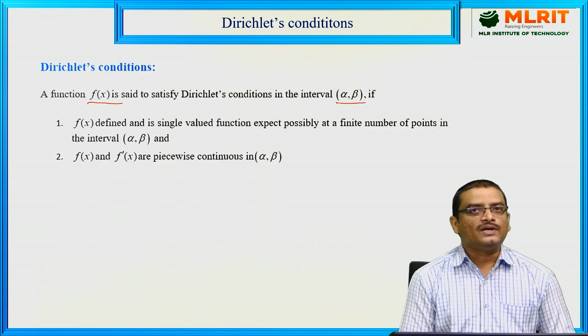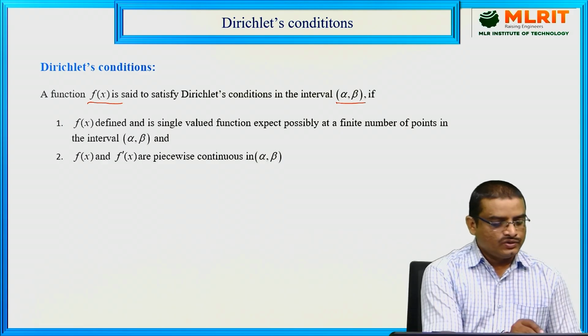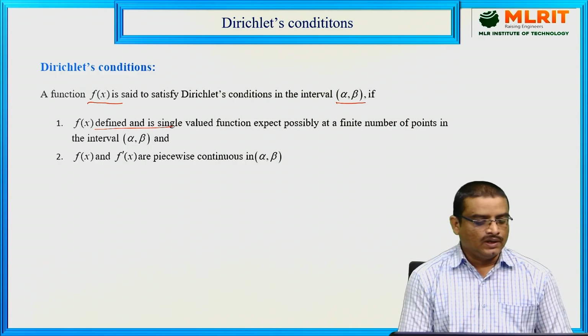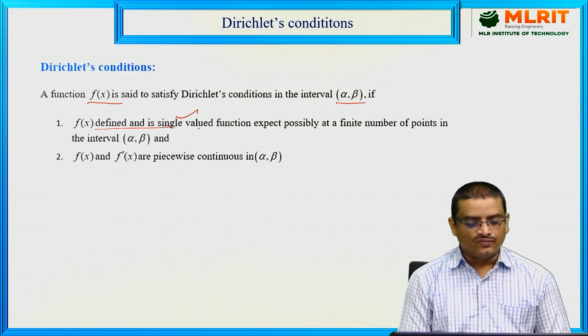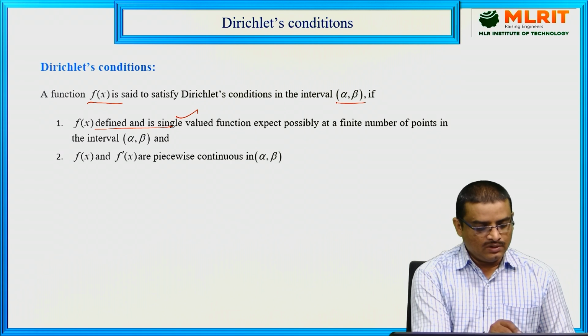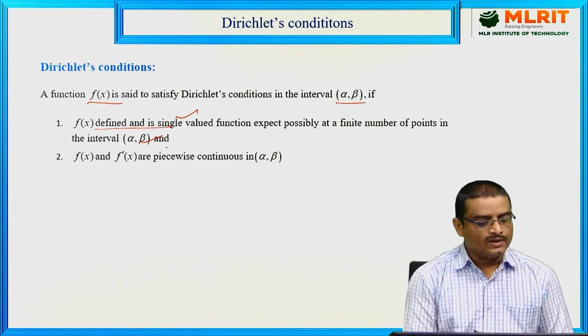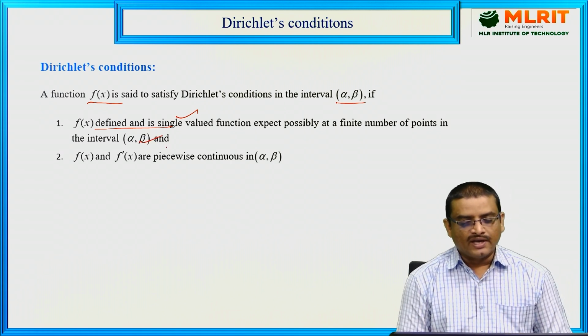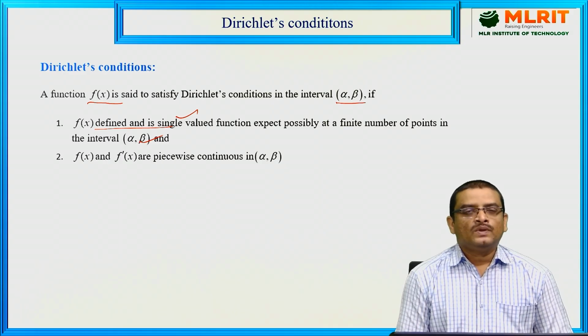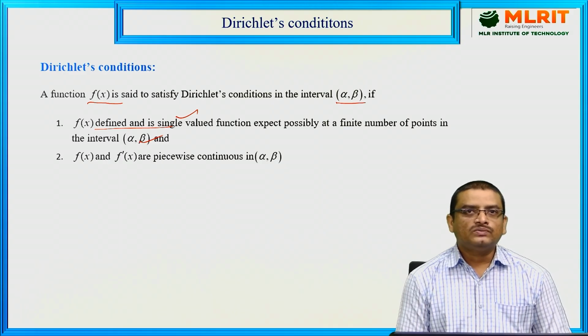Now we'll see what the two conditions are. f of x must be a well-defined function, and f of x must be a single valued function in the interval alpha, beta, except possibly at a finite number of points. So it may be a discontinuous function also.